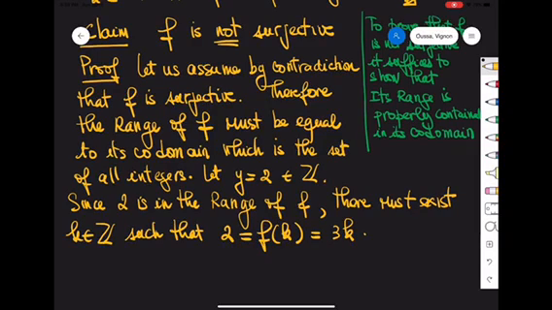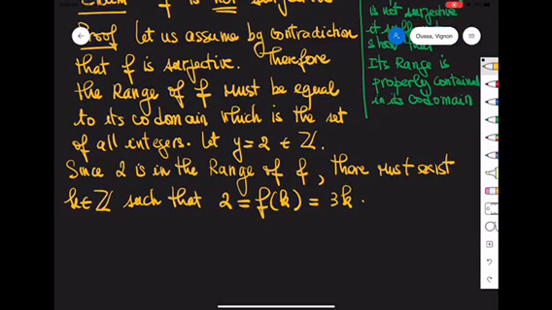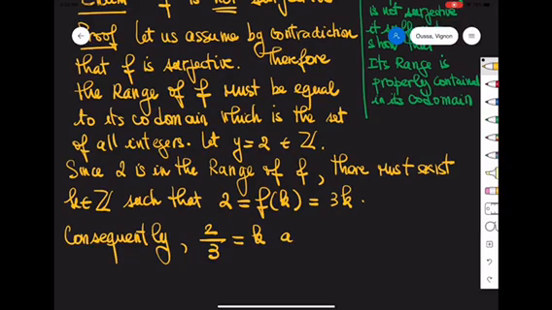Okay? Consequently, if we divide each side by 3, we get 2/3 must be equal to k, and this means that 2/3 is an integer.